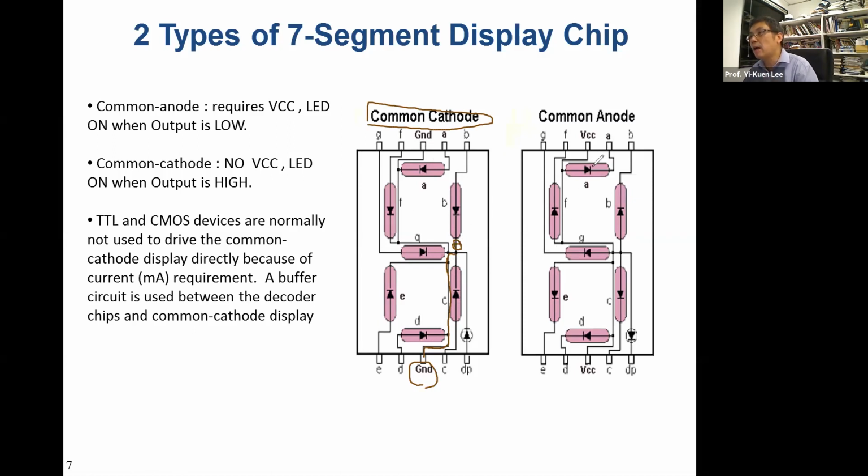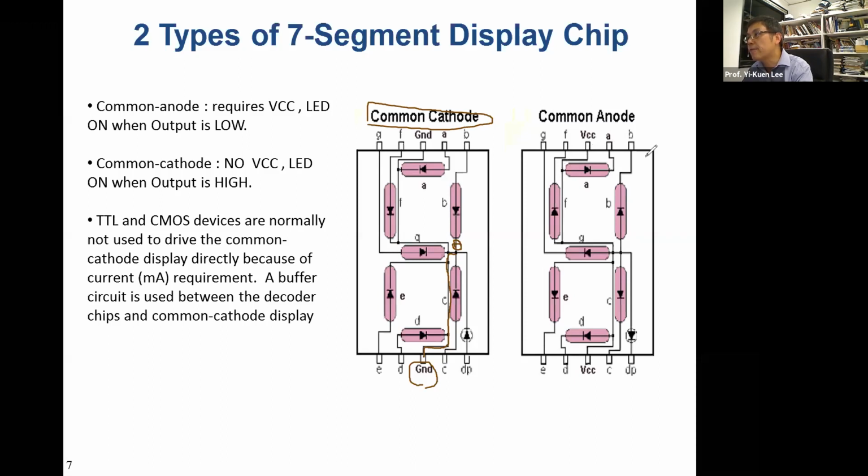And the second type is with common anode. That means the anode is the positive side here, for the A LED. So the positive side connects to the VCC. Oh no, sorry, this A terminal, so that connects to the negative, the cathode side, and then the positive will connect to this VCC.